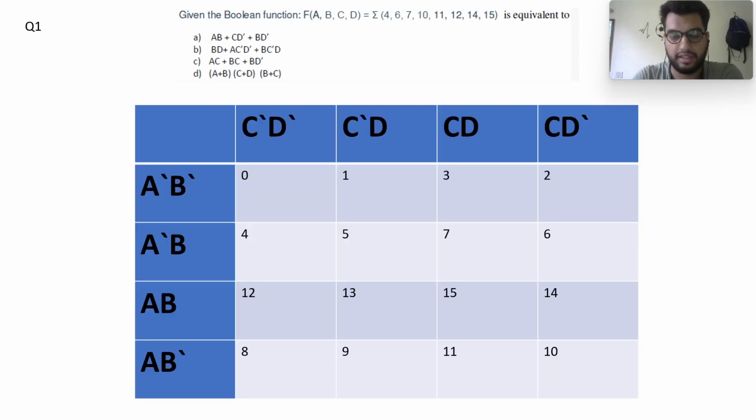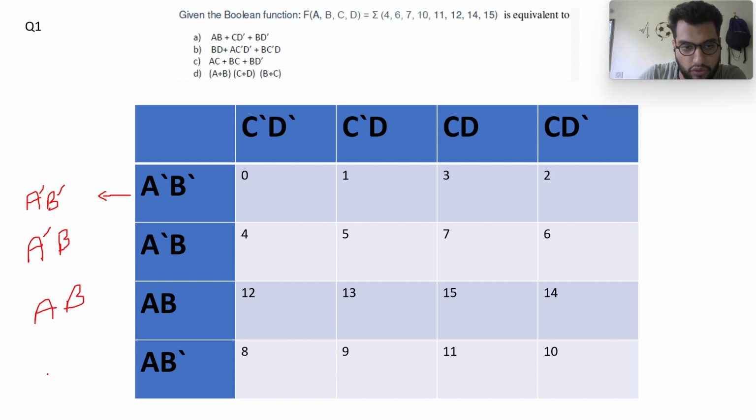So here is the K-map for 4 variables. Let me just use my pen first. Yeah. So this is a 4 cross 4 K-map. For f of A, B, C, D, A is the MSB and D is the LSB. So AB is written here. The first row is written as A dash B dash, the second as A dash B, then the third as AB, and the fourth as AB dash.